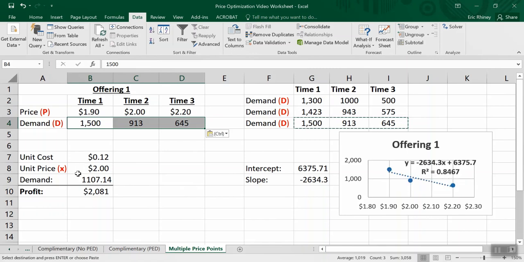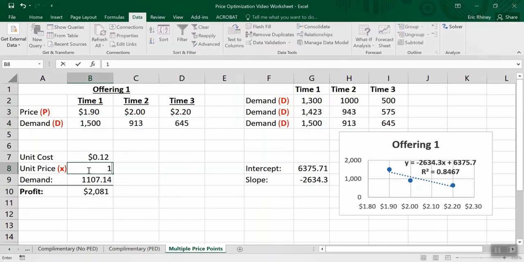So at $2, we're estimating 1,107 units sold, and in fact we only had 913 sold. And if we were to put $1.90 in here, we're estimating 1,371, and we actually had 1,500.